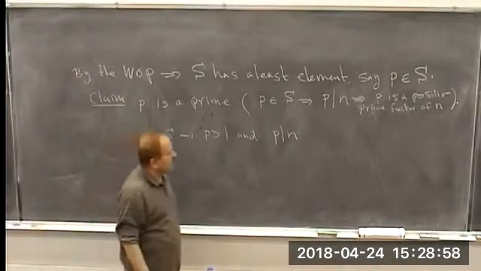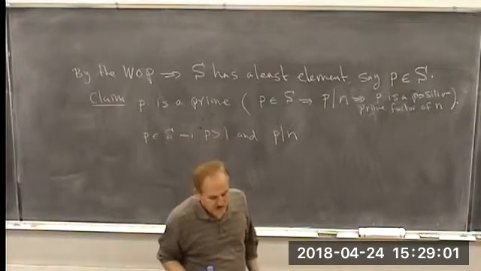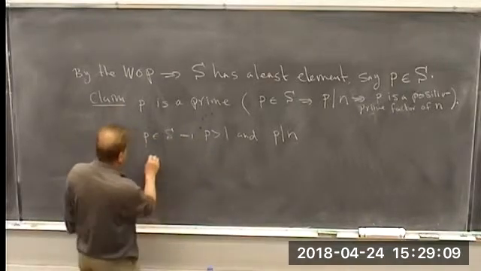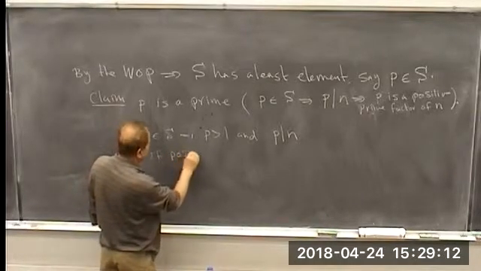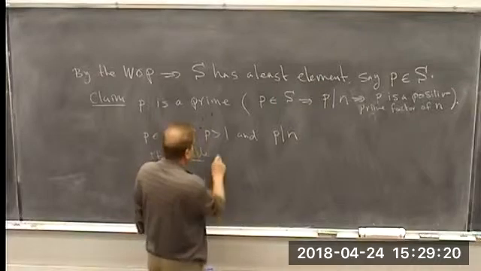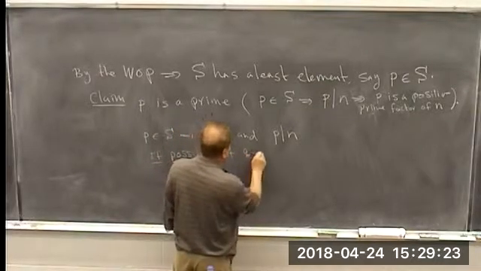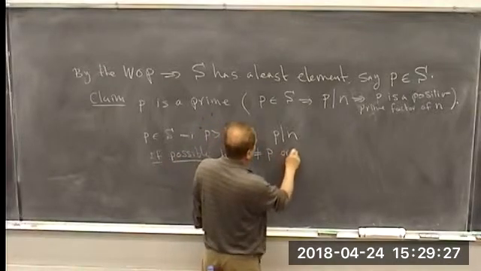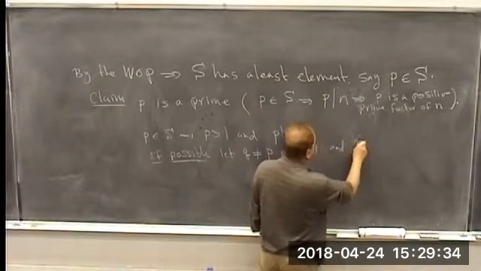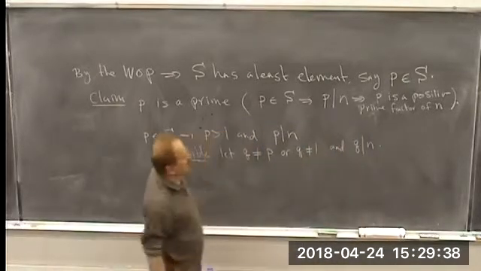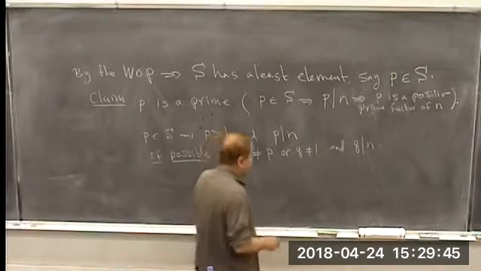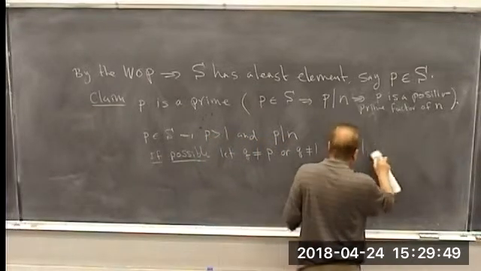Now, let's assume, if possible, that there is a Q that does not equal P, and Q does not equal 1, and Q divides P. In other words, let's assume this P is not a prime.